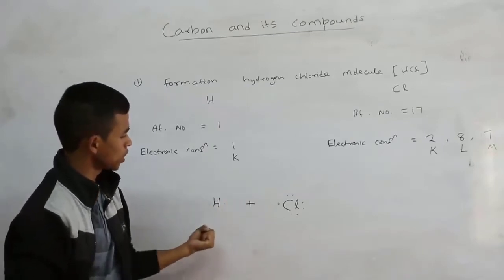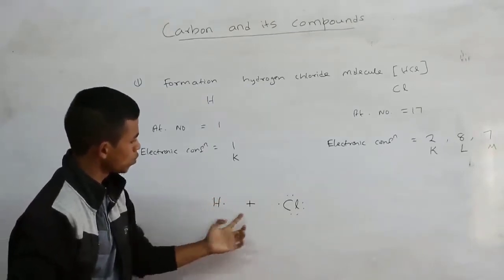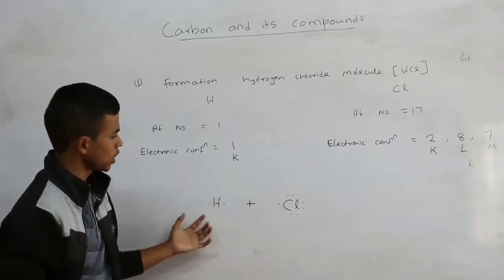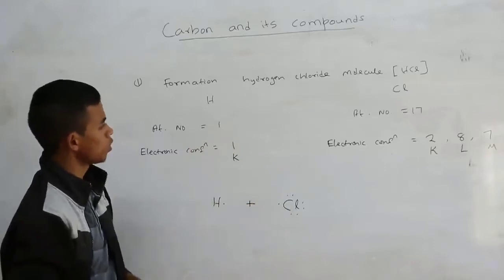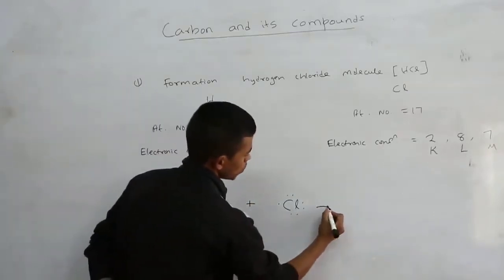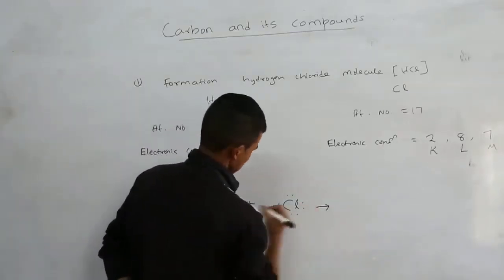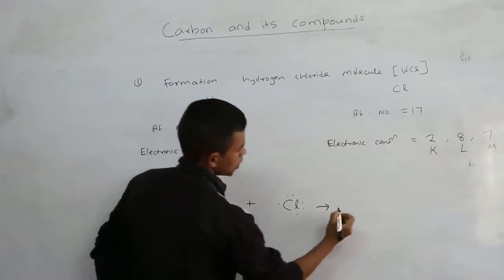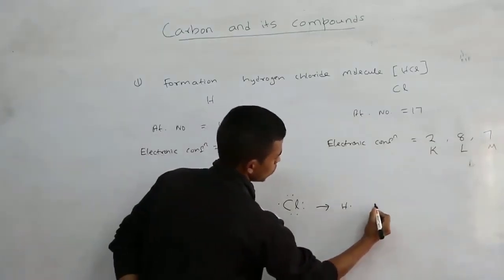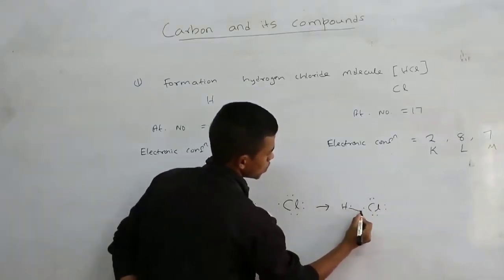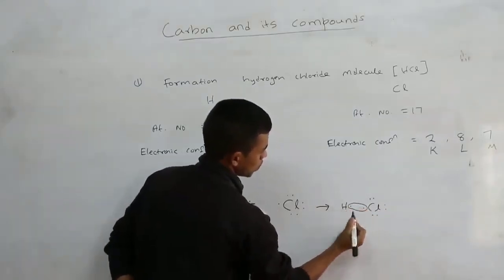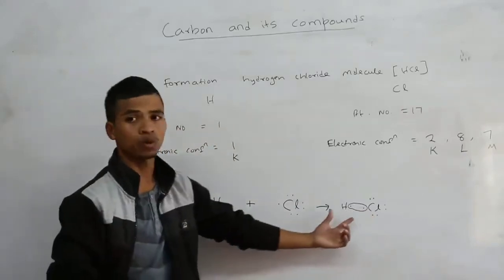So both of them agree to share 1 electron each, so that they become stable as hydrogen chloride. When they are close to each other, they share these electrons. Hydrogen will share 1 electron, chlorine will share this 1 electron. So these 2 electrons will be shared between these 2 atoms.